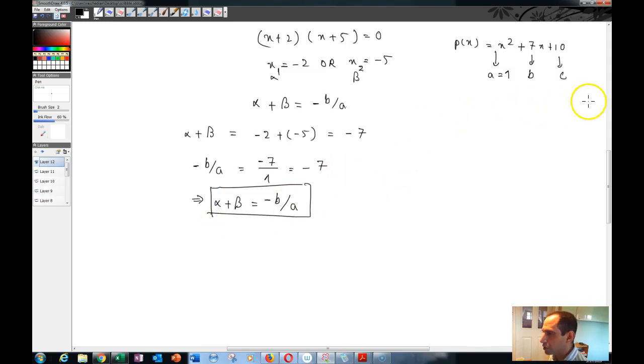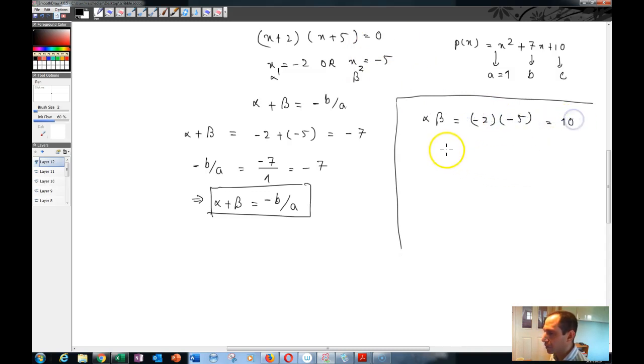The second relationship is alpha times beta. Alpha times beta here is equal to negative 2 times negative 5, which is equal to positive 10.